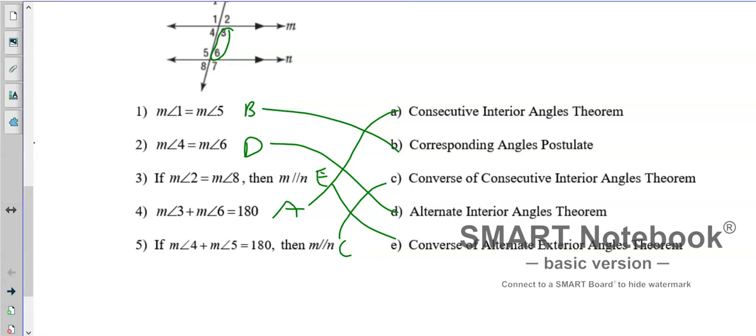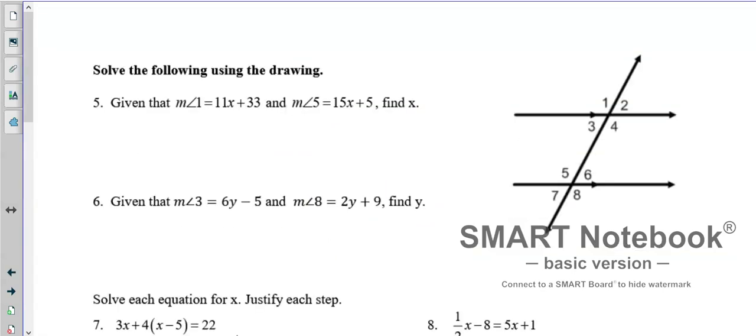Number 5. Given that angle 1 is 11x plus 33, and angle 5, which is corresponding, so they're equal, both obtuse, 15x plus 5, we simply set them equal to each other.